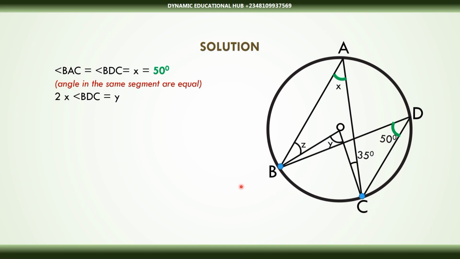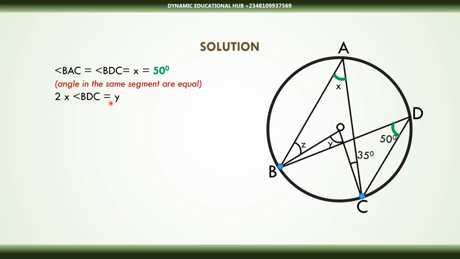Now the angle that is formed at the center will be twice that of the one that is formed at the circumference. So which means that 2 multiplied by 50 degrees, 2 multiplied by BDC will give us y.